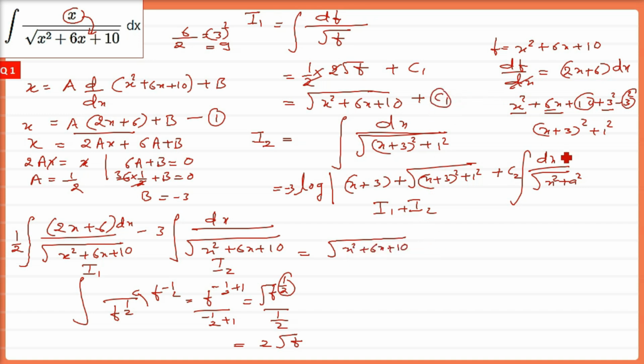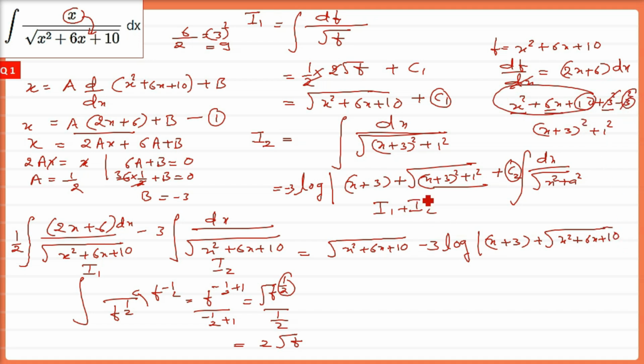C1 and C2 will combine, and we will call it a constant of integration, which is capital C. So negative 3 is here, log modulus x plus 3 plus under root x square plus 6x plus 10, because it was eventually x square plus 6x plus 10 only, if you remember. We added 3 square and negative 3 square for our comfort, and this is the constant of integration. And this modulus also.